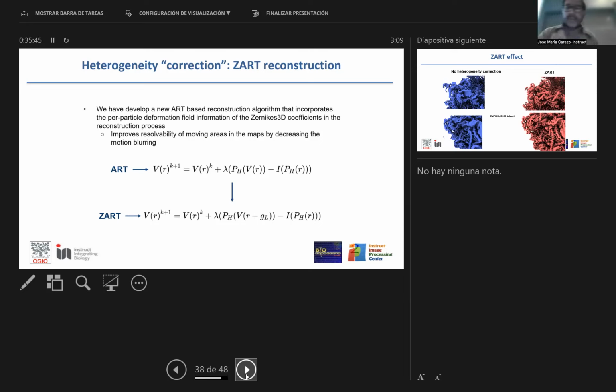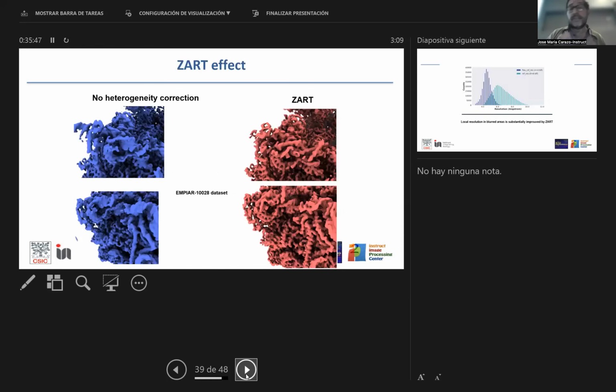And the effect is very, very good. Here is a typical data set, and we present a zoom with no heterogeneity correction versus heterogeneity correction.